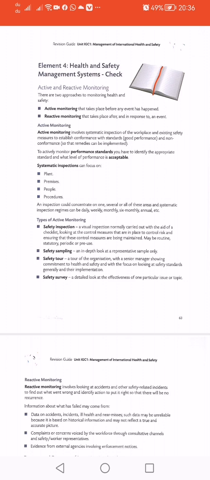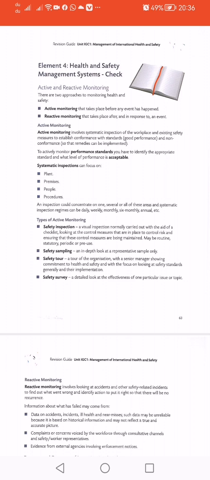You need to monitor and check the measures about health and safety in every area. So this approach is called the active approach. An inspection can also concentrate on one, several or all of these areas, and systematic inspection can be daily, weekly, monthly, six months, or annually.